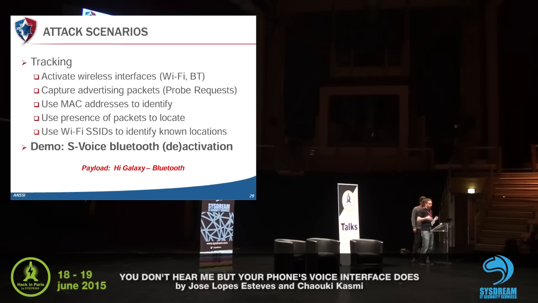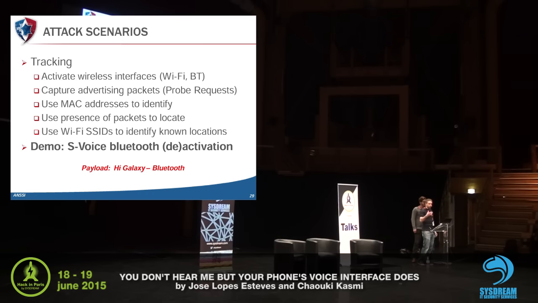The idea is that the attacker will activate the wireless interfaces of the phone, especially Wi-Fi and Bluetooth, which send frames over the air to advertise the presence of the device, or to advertise the services that the device is able to offer.